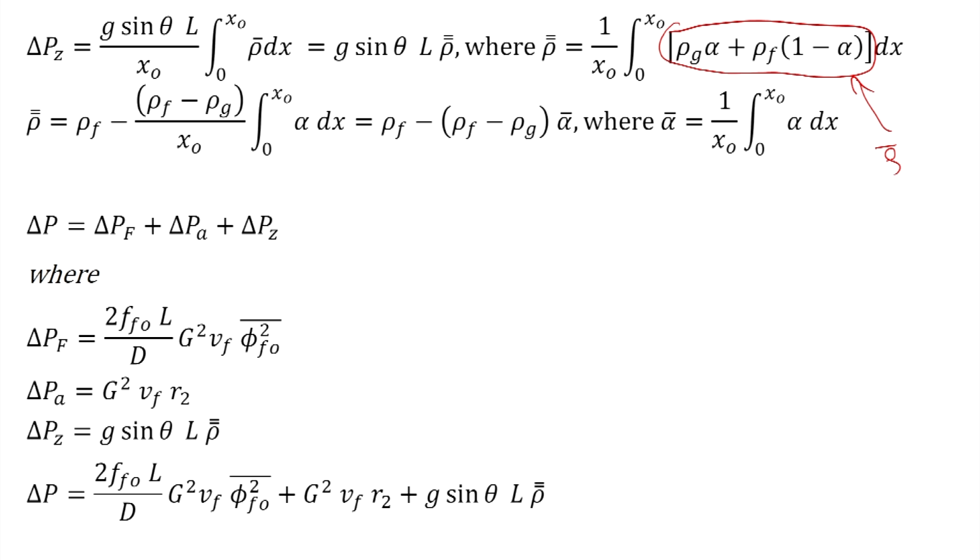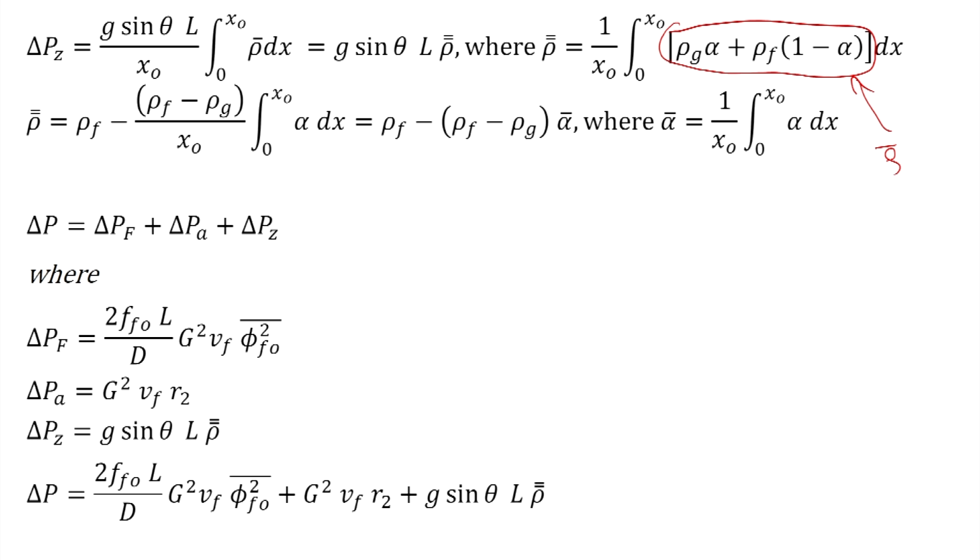So, rho double bar is equal to rho f minus, in the bracket, rho f minus rho g into alpha bar. So, if we can calculate this alpha bar, then we can calculate delta Pz.